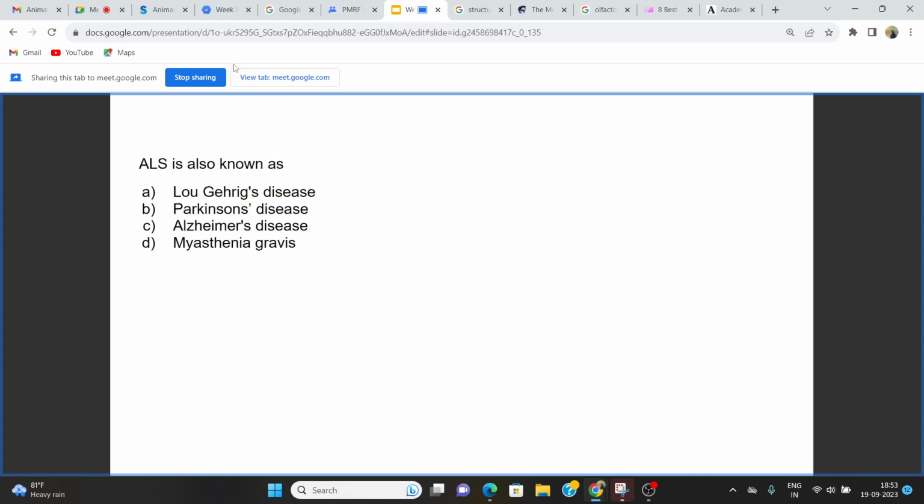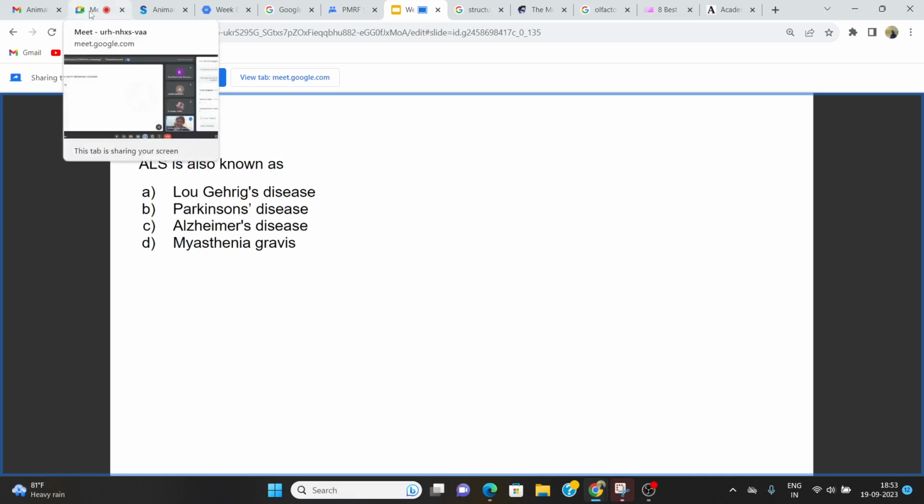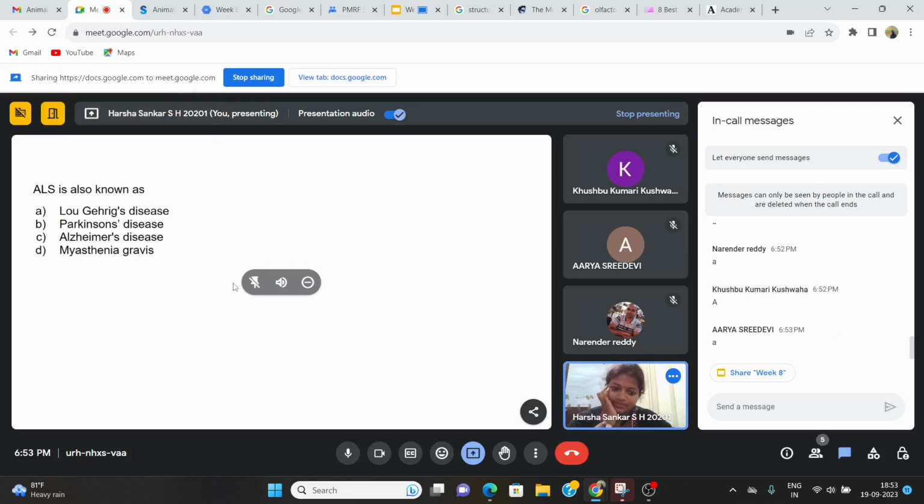ALS is also known as Lou Gehrig's disease, Parkinson disease, Alzheimer's disease, or myasthenia gravis? Yeah, the correct answer is Lou Gehrig's disease. Can anyone tell me where the name comes from? Why Lou Gehrig's disease?